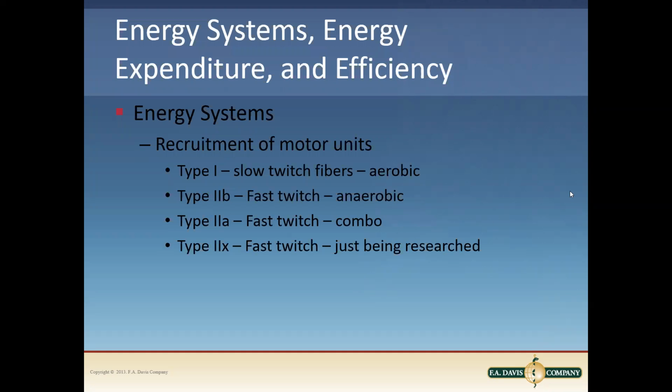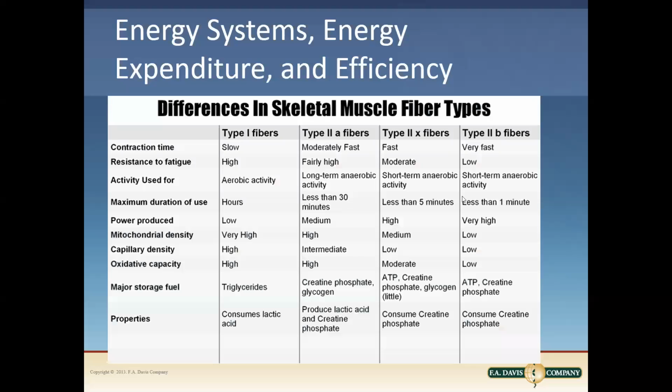All right, types of motor fibers. These are important to understand, right? So we have type 1s, type 2s, and the type 2s are divided into B, A, and X's. I think the next slide has a chart, which shows it really well.